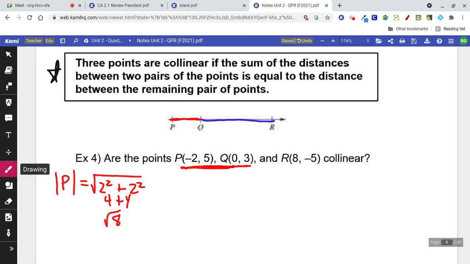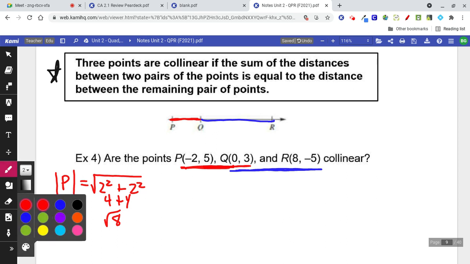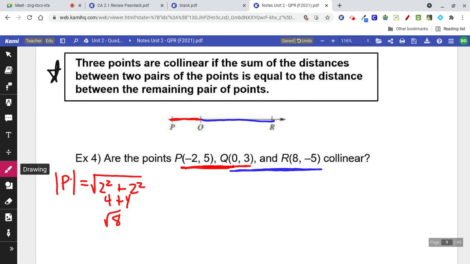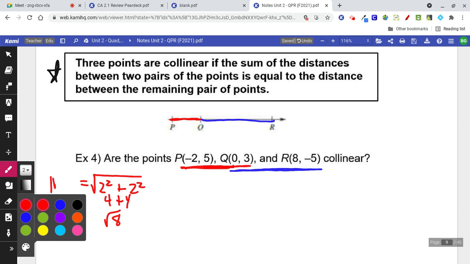Okay. Now let's look at this piece, QR. I guess I should have called that, instead of P, I should have called that PQ. Let me fix that. That's better.